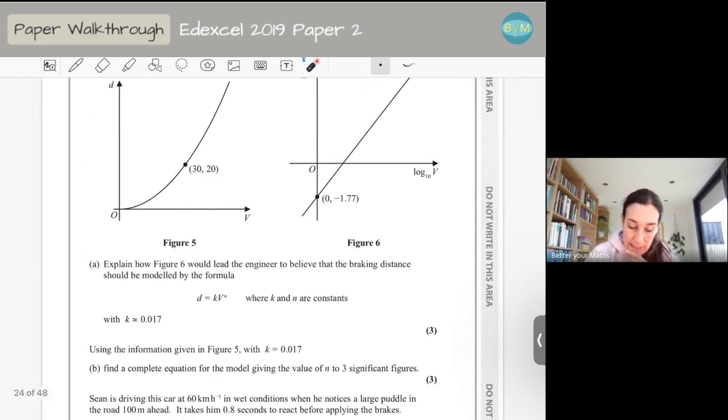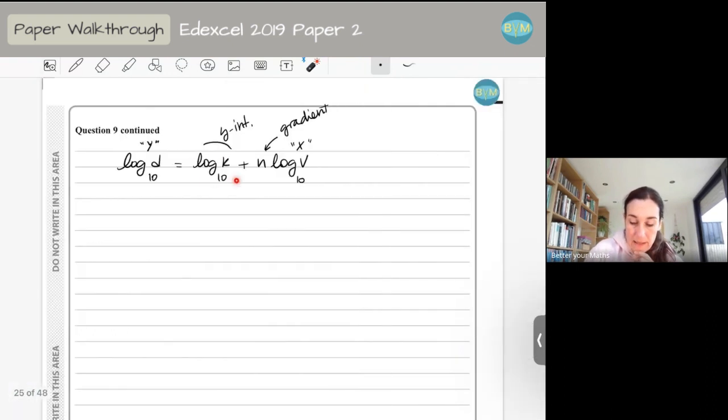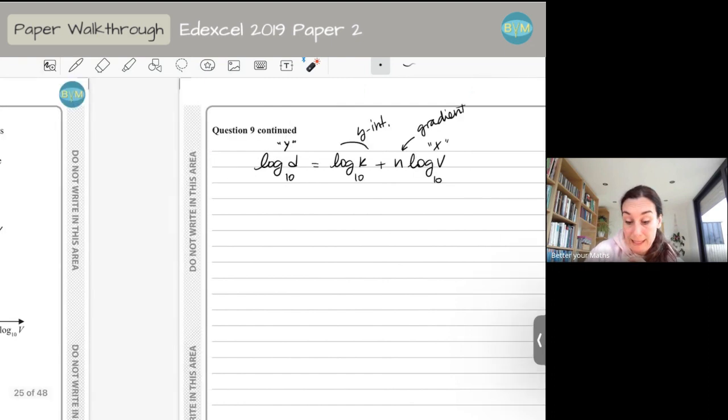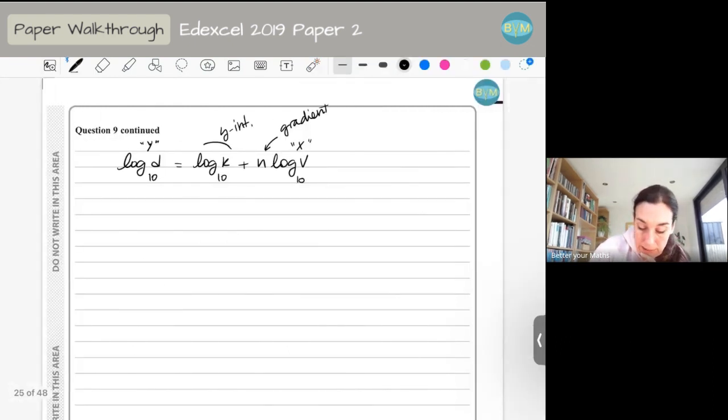How do we find this k? You don't know k, but you know log k, because we say it is the y-intercept of this line, and the y-intercept is given. So the y-intercept is -1.77. So I know that log k to the base 10 is -1.77.